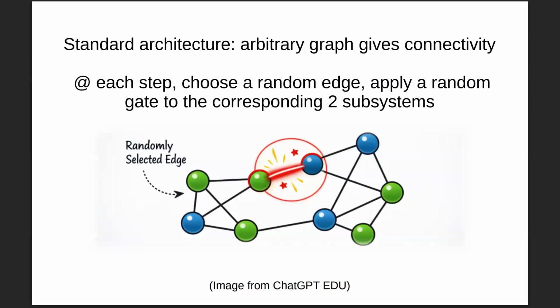Another way of thinking about this is that at each step, you choose a random edge and apply a random gate to the corresponding subsystems, where subsystems are placed on some arbitrary connectivity graph. So this is in some ways an even less structured model.